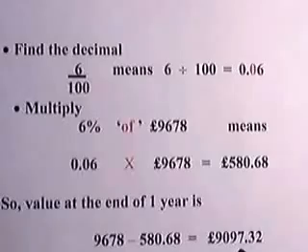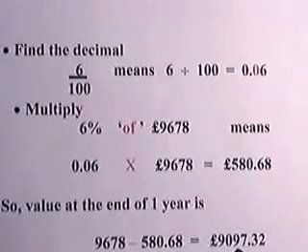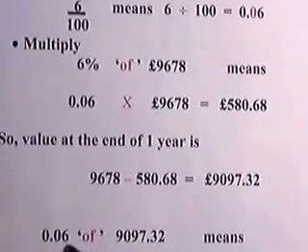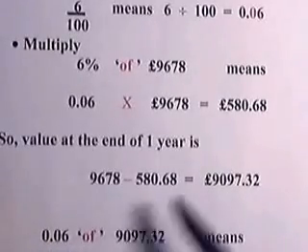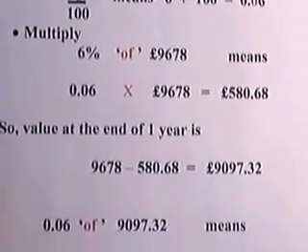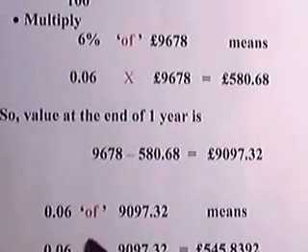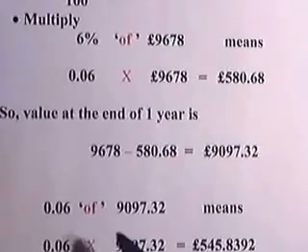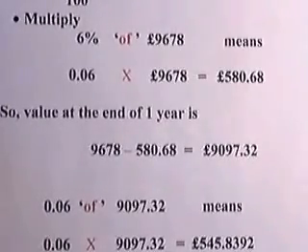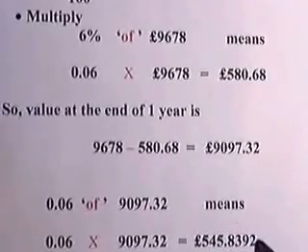Now in the second year, this reduced price again itself loses 6% of its value. So again, what we've got to do now is find 6% of this, and there it is. It means 0.06 times £9,097.32, and there comes the answer.